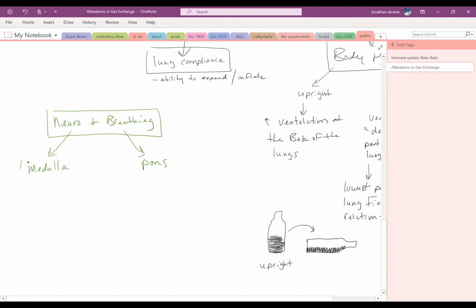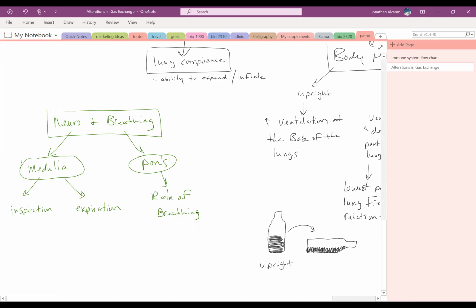Okay, the medulla allows for inspiration and expiration. And the pons controls the rate of breathing.